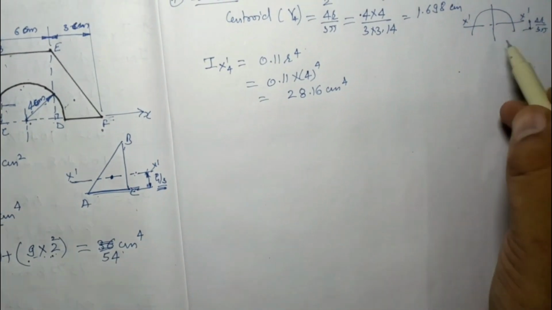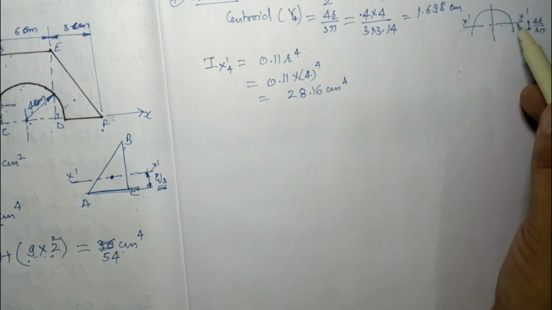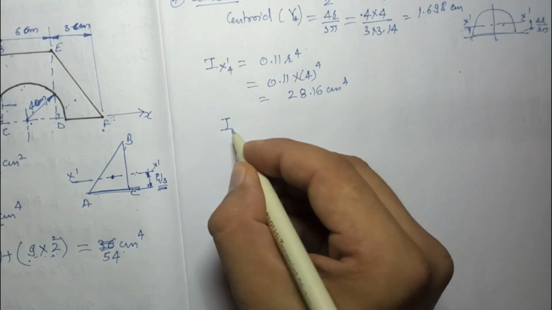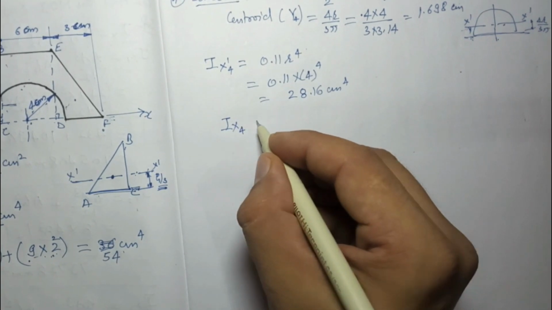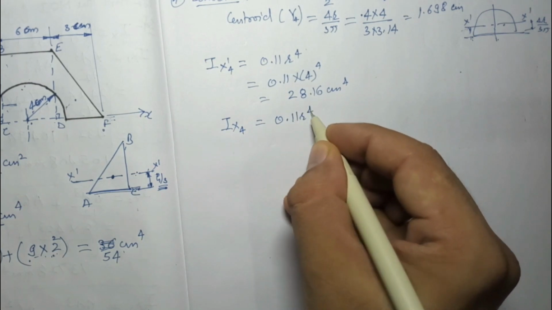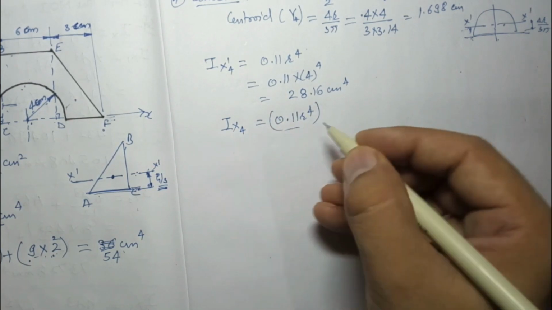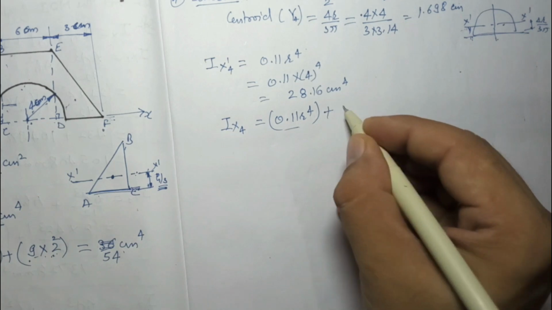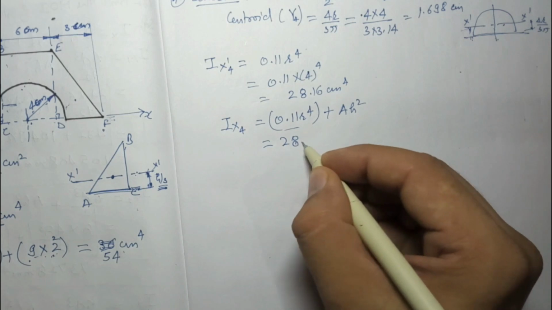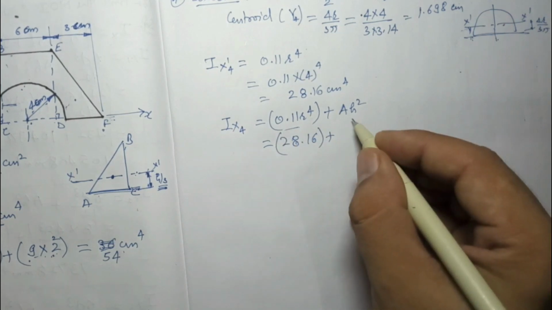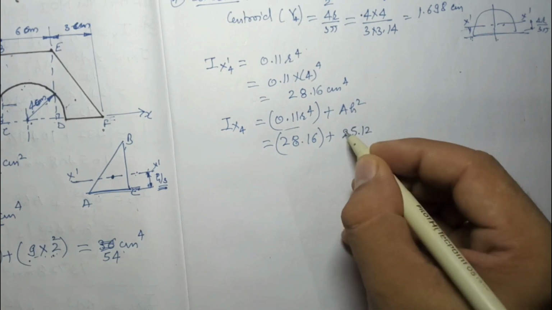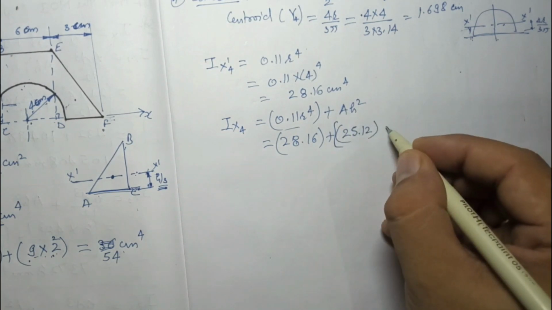Now we will shift the moment of inertia from this axis passing through the center of gravity to the given axis x, and for that we need this h distance. So Ix equals 0.11 r power 4, which is the moment of inertia about the centroid, plus A h square. That is 28.16 plus the area we calculated, 25.12, into h square.